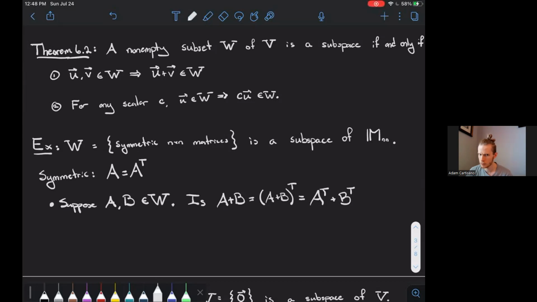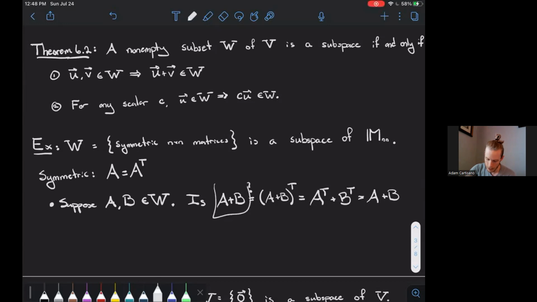I don't know what theorem that was, but it was early on in our discussion of matrices, so probably chapter 2. It's a property of the matrix transpose, right? But notice A transpose is equal to A, and B transpose is equal to B, because A and B are both symmetric matrices.